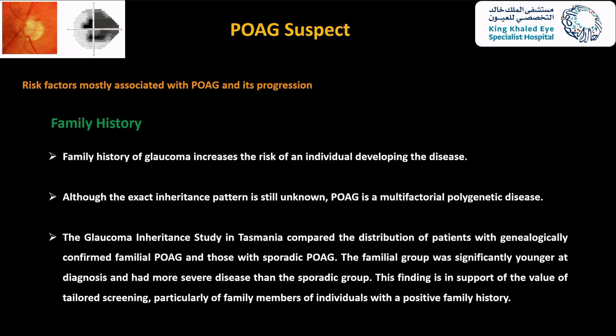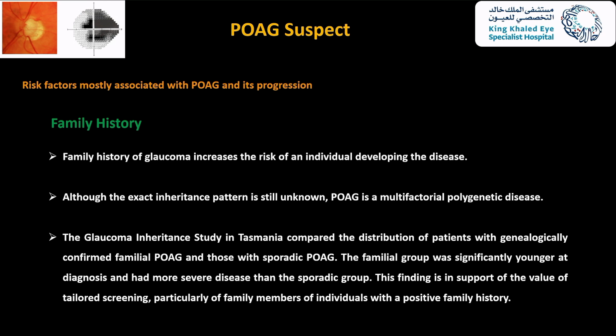Family history of glaucoma increases the risk of an individual developing the disease. Although the exact inheritance pattern is still unknown, as you know, open angle glaucoma is multifactorial. The glaucoma inheritance study compared patients with confirmed familial primary open angle glaucoma and those with sporadic.